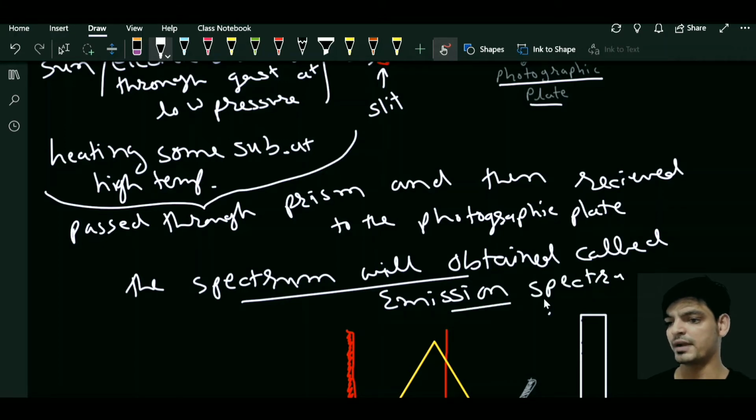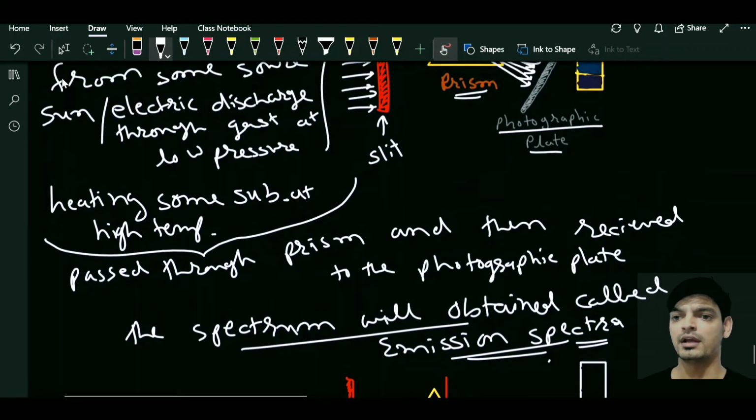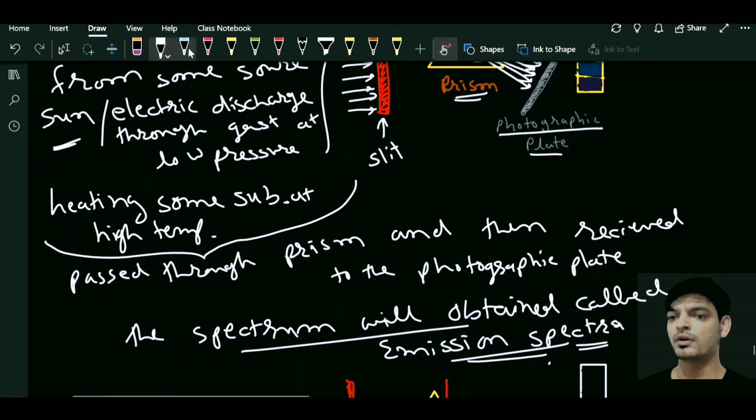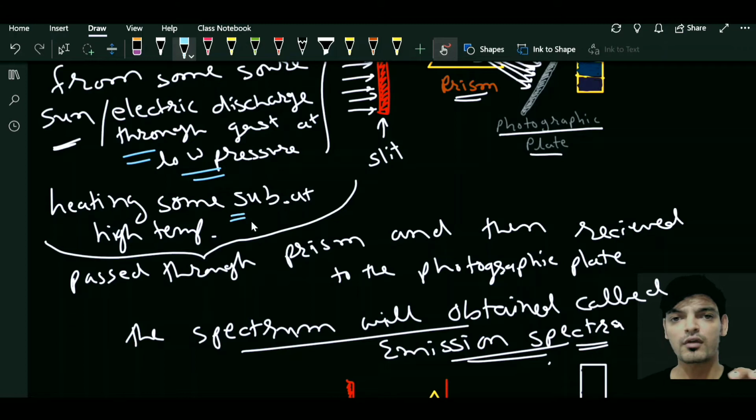Emission spectra means, if you are applying any electromagnetic radiation from any source to the spectroscope, you can take the sun as a source, or an electric discharge tube in which we fill a gas at low pressure, or you can heat some substance. These are the sources from where the light is coming out, it means light is emitting, and now this emitted light will give you a spectra. So this spectra is known as an emission spectra.